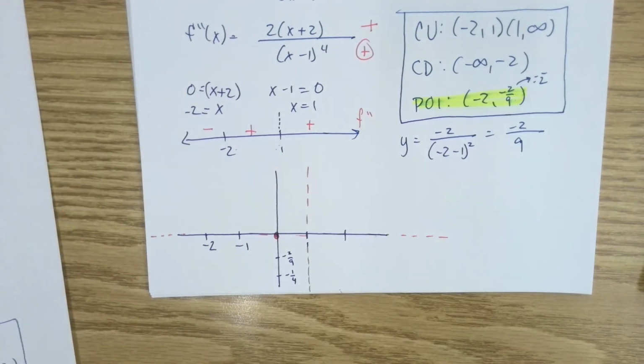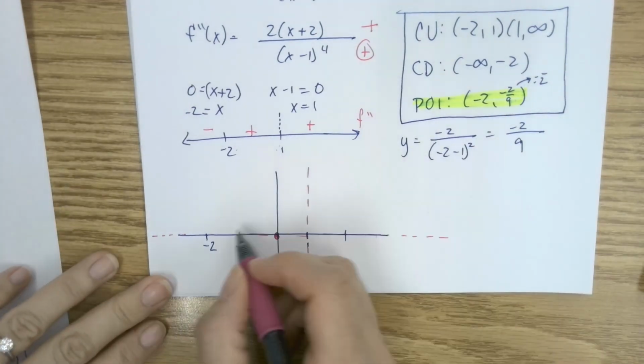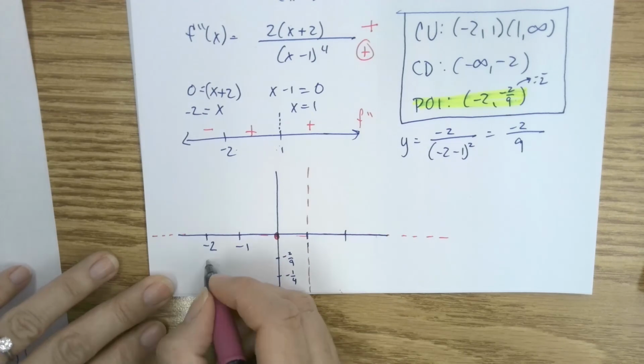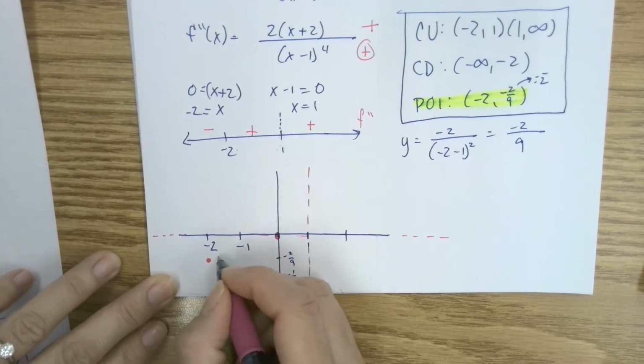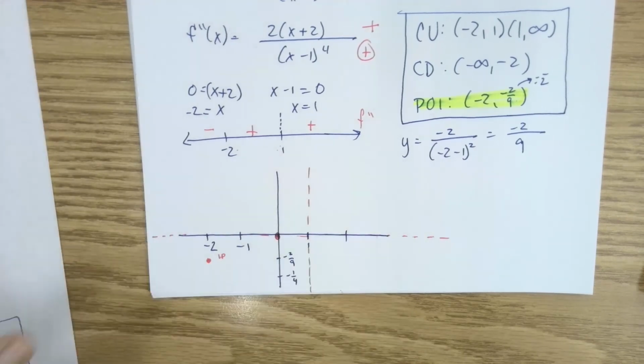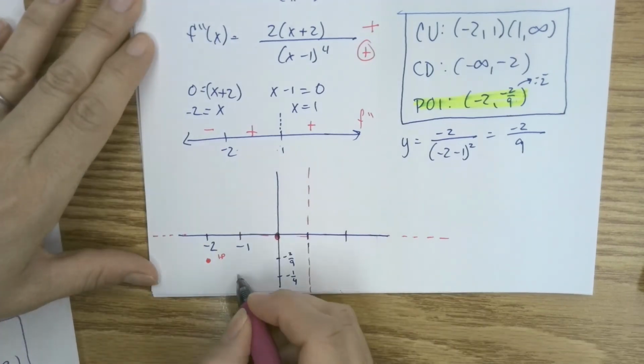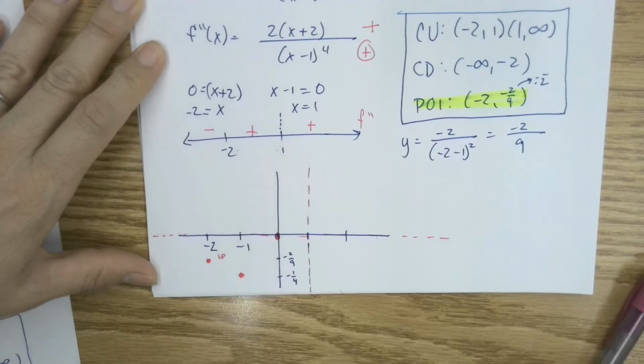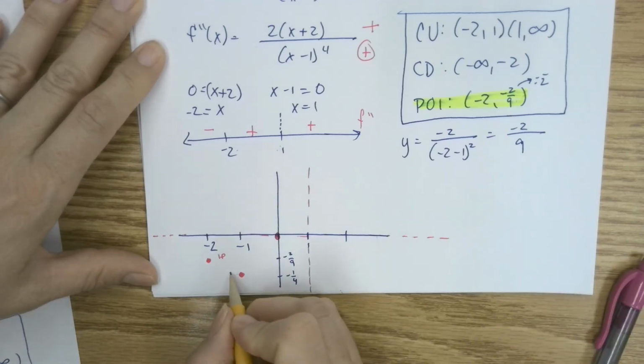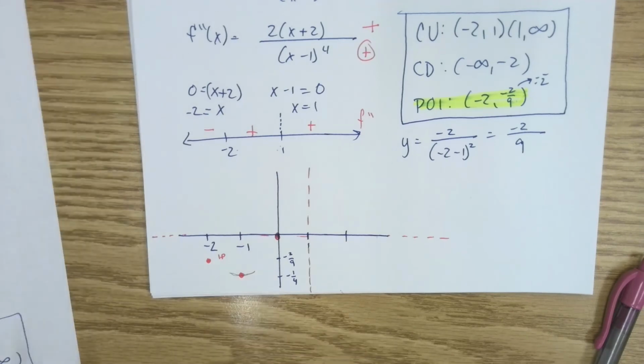We have a point of inflection at negative 2, negative 2/9. I'm going to label that IP or POI. And then we had a local min at negative 1, negative 1/4. Now, typically, our local mins look like this. So I'm just going to sketch them with a pencil for right now.